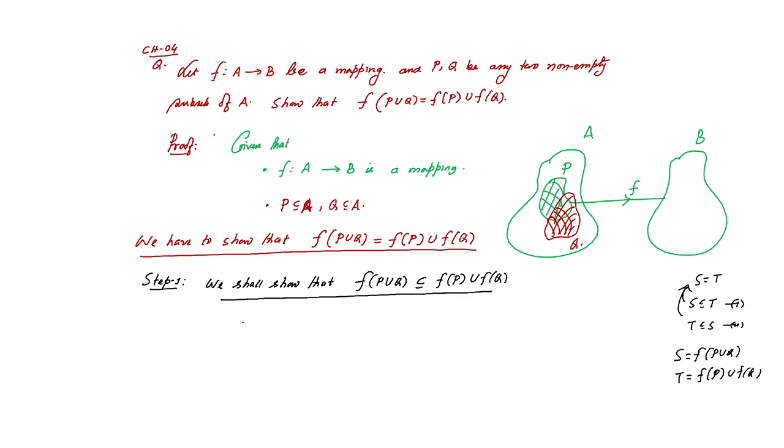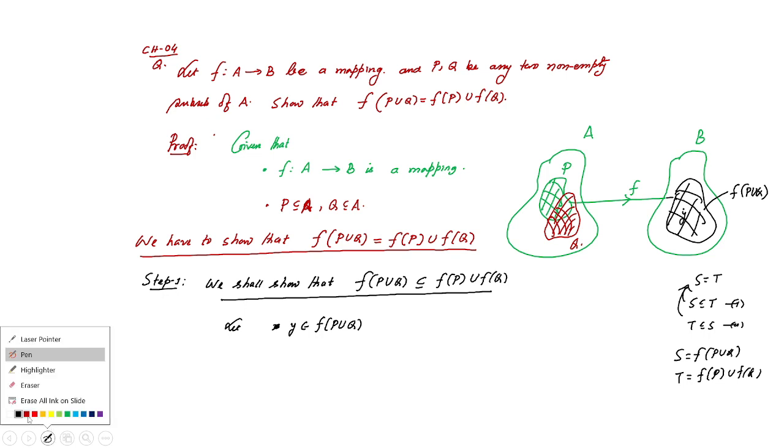So what we will take, let say some y belongs to f(P union Q). Okay, so we can consider that this is the set f(P union Q), and we have taken an element, say y, here.